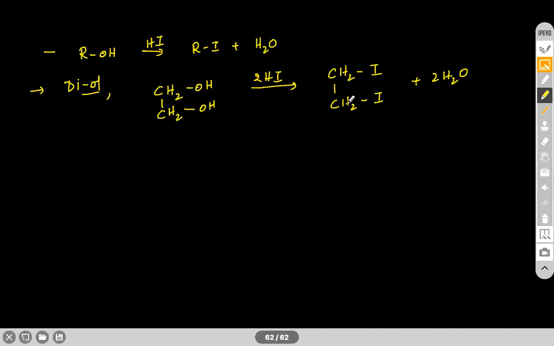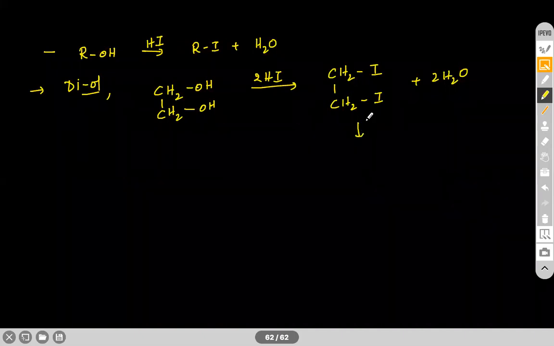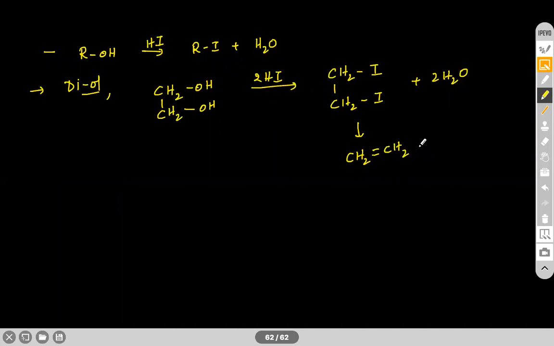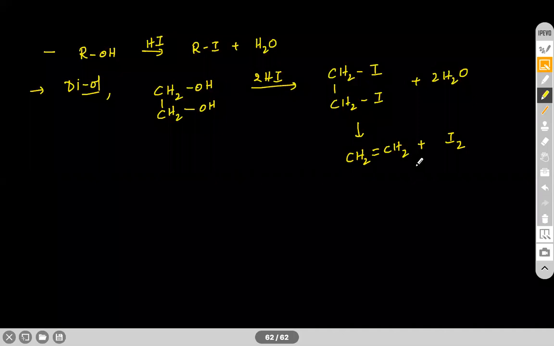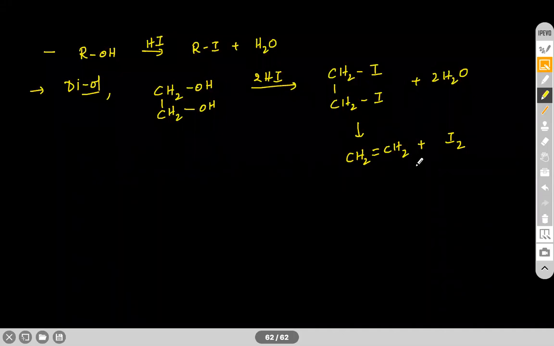But this product is also not that stable. It has a tendency to convert into an alkene with elimination of iodine, I2. And further, if you are using 2 moles of HI, you'll end up getting this.